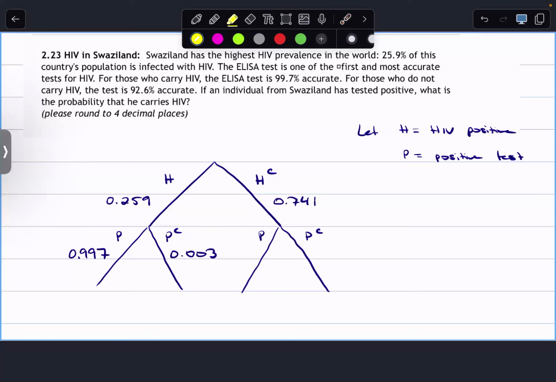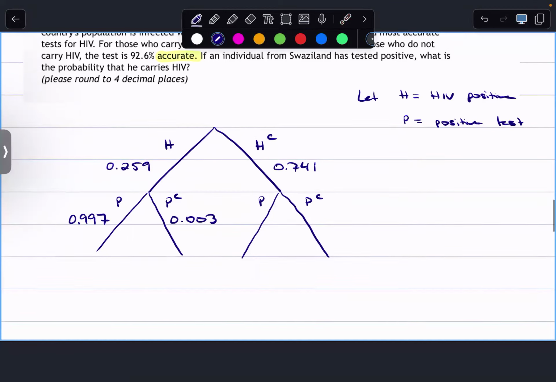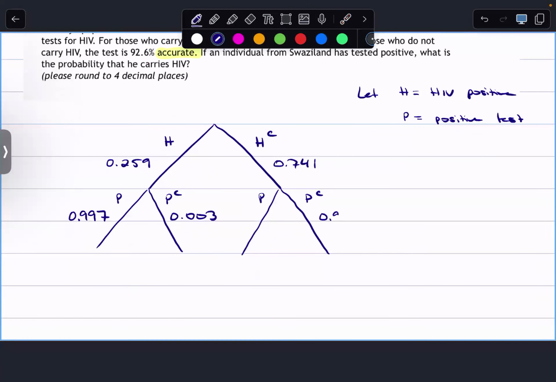I'm going to highlight that because accurate in this case would mean not testing positive. So this goes here at 0.926, which means the probability of testing positive is 0.074. Oops, it's not very nice, is it?